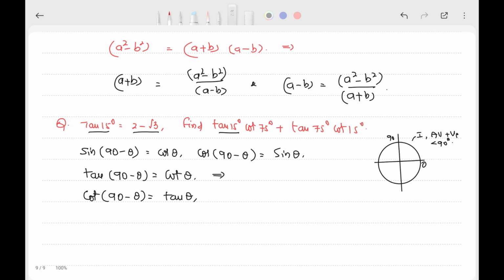Now, here tan 15 is given to us. This is the property of the trigonometry identities. Tan 15 is equal to 2 minus root 3 given. Tan 15 can also be written as tan theta is equal to cot 90 minus theta, or tan 90 minus theta is equal to cot theta.